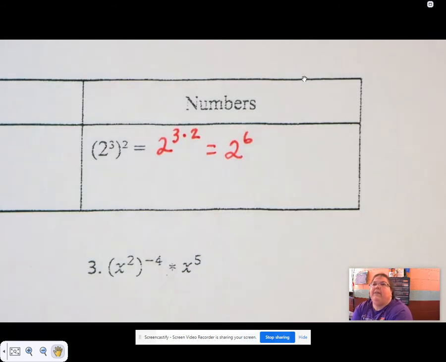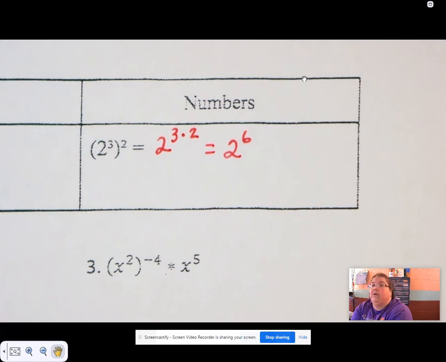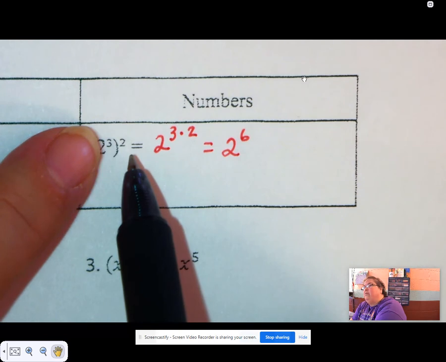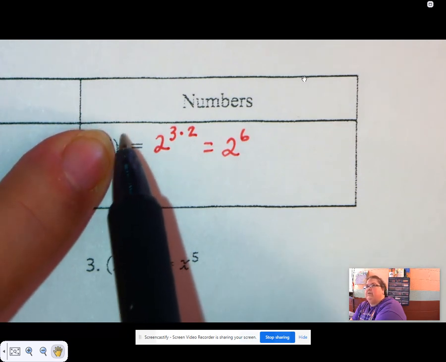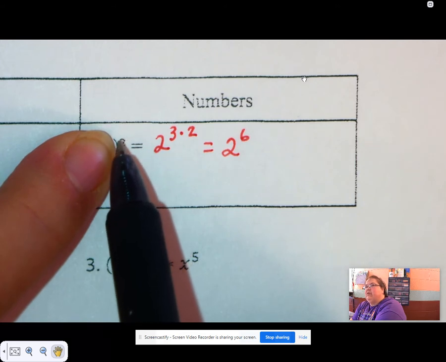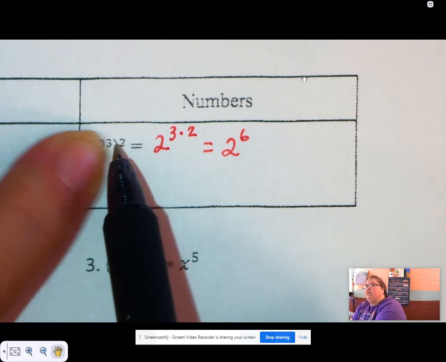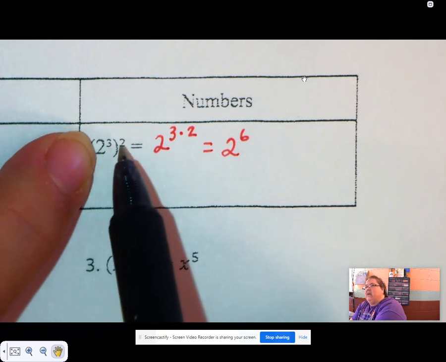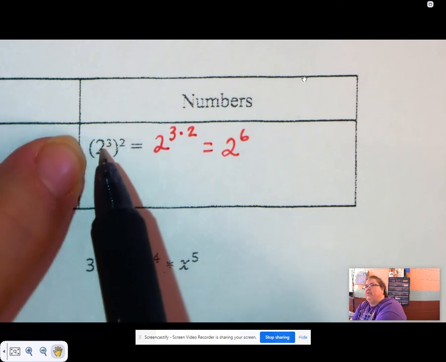Now I'm going to show you why this works, because it's very interesting, or not, but I'm going to show you anyway. I always do the outside power first, and I've got a square. This exponent tells me how many times to multiply the base by itself. In this case, the base is everything in the parentheses.